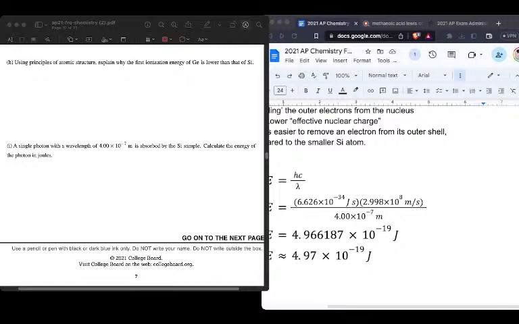Aaron Kelly, hello. For ionization, does it increase as you go to the right and up on the periodic table? Ionization energy increases as you go right. Ionization energy decreases as you go down.